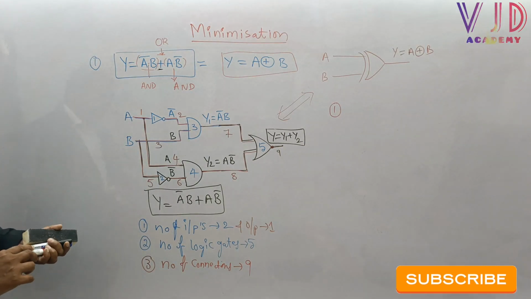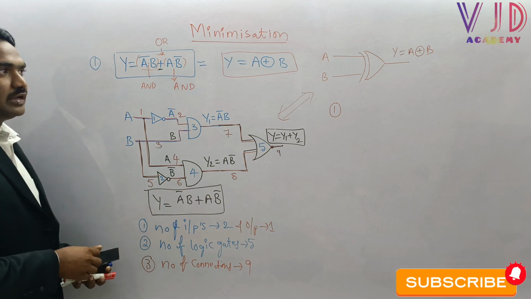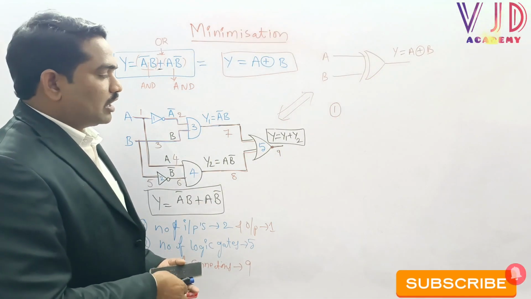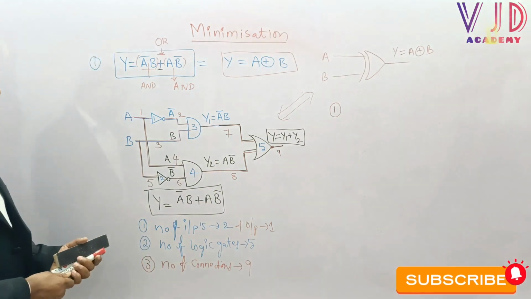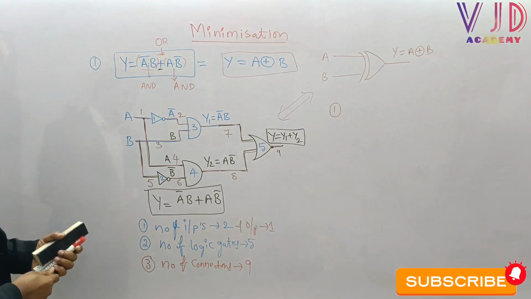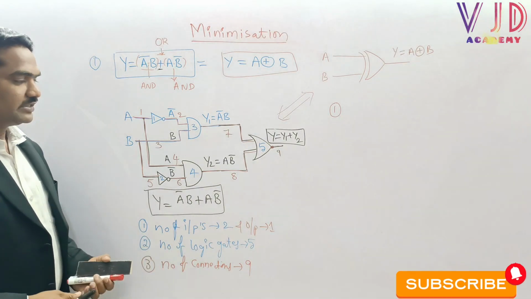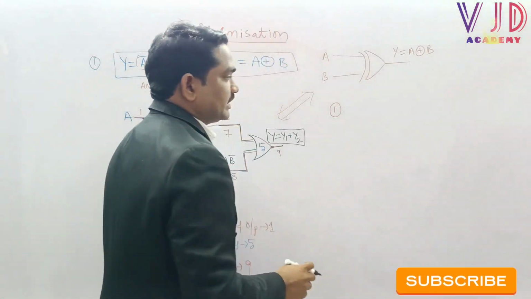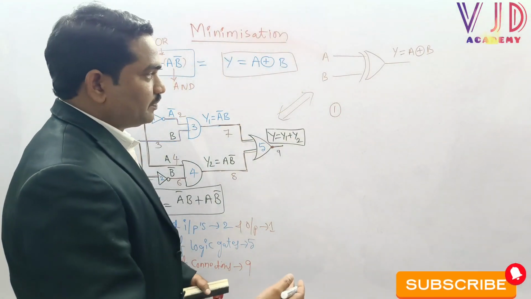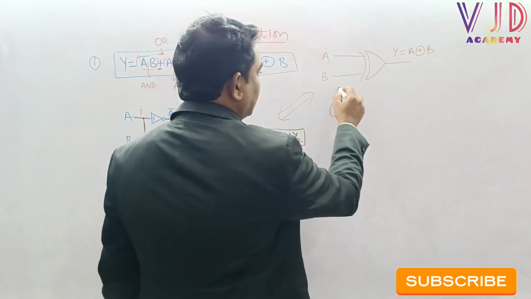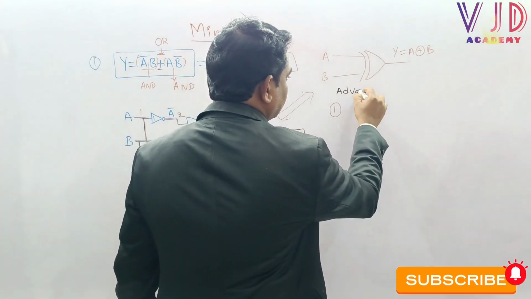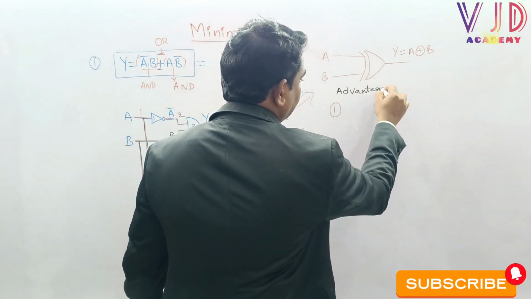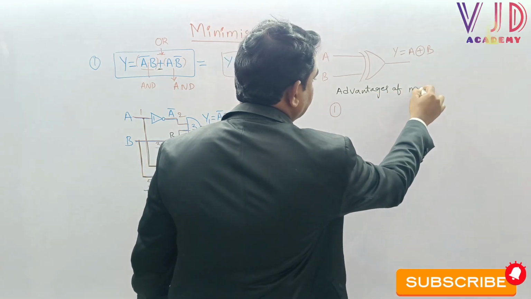Comparing the first circuit and the second, here we used 5 logic gates and here only 1 logic gate. So I would like to write the advantages of minimization.